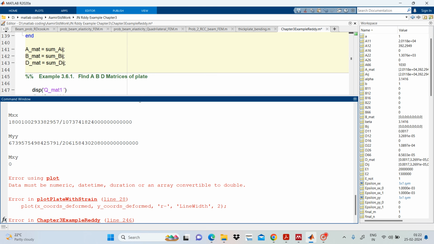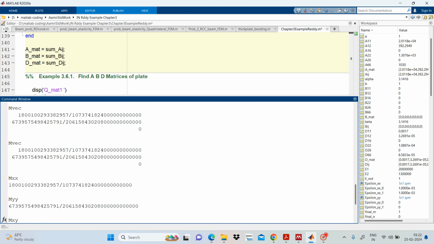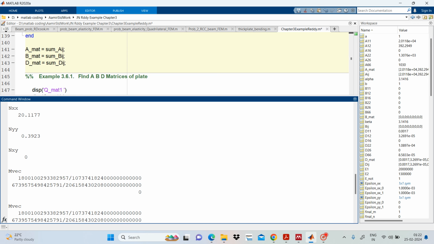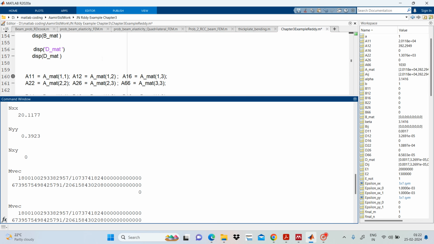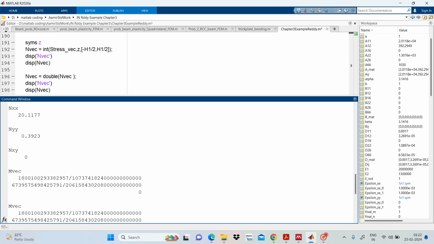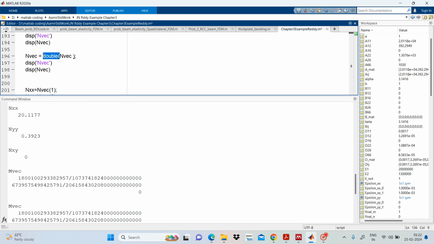Here we are getting the above values numerically, as rational values. So what we have to do: where Nxx, Nyy, Nxy is given, we applied the command double.